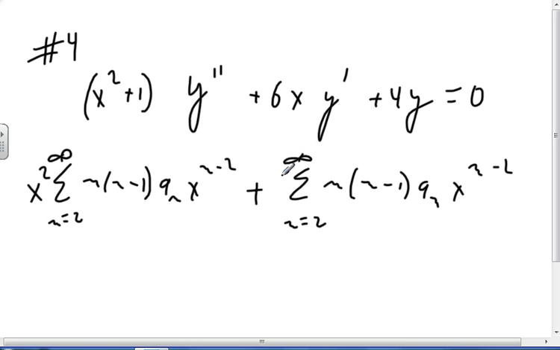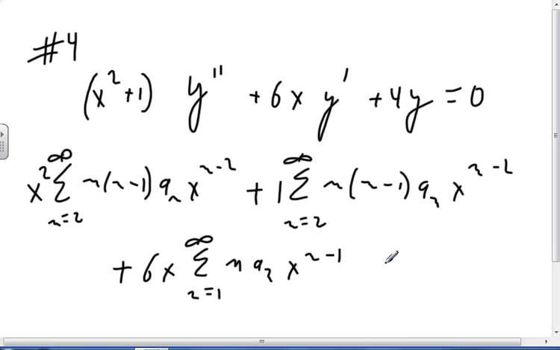There's a 1 sitting there. I'll put it in. Plus 6x summation n equal 1 to infinity n an x to the n minus 1 plus 4 summation 0 to infinity an x to the n is equal to 0.